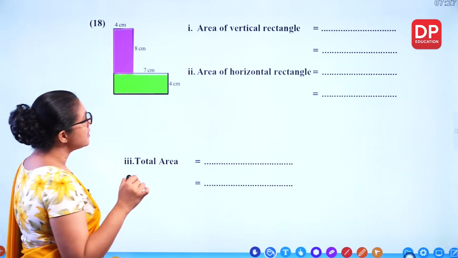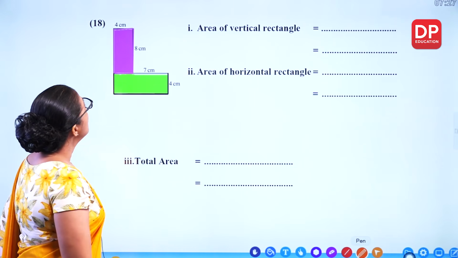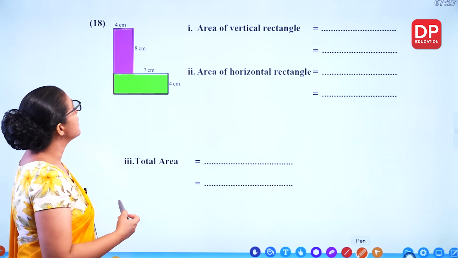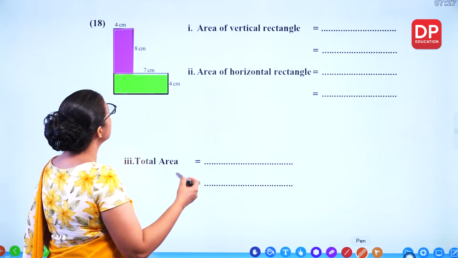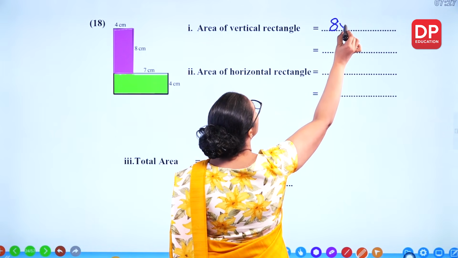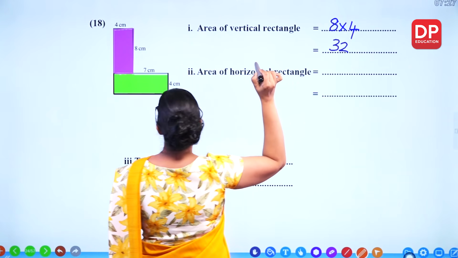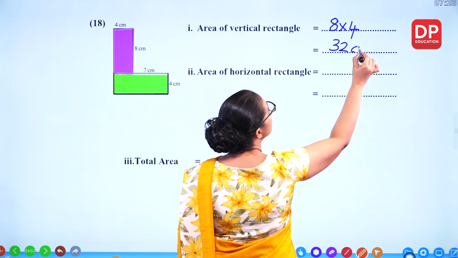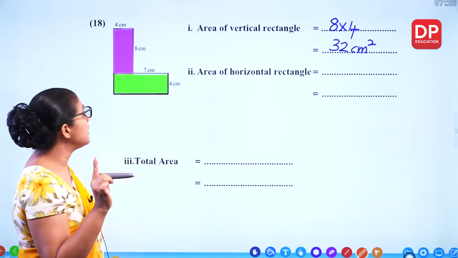So we'll find out area of the vertical one first. So what's the length there? Length is 8. Breadth is 4. So what's the area of the vertical rectangle? 8 into 4. That's 32 square centimeters. Horizontal rectangle.